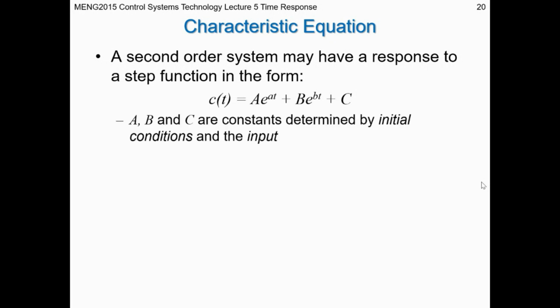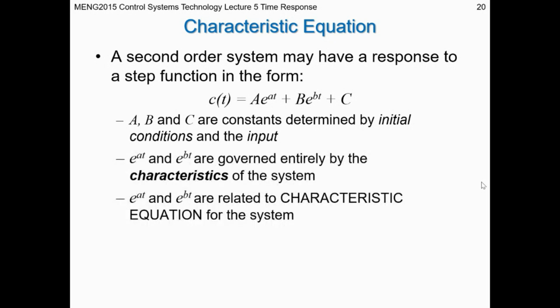Right, and if we want to get this equation, actually A, B, and C, all those constants are determined by the initial conditions of our system and the input that's applied to the system. C is going to be a function of the input, really. A and B have to do with the initial conditions of the system.